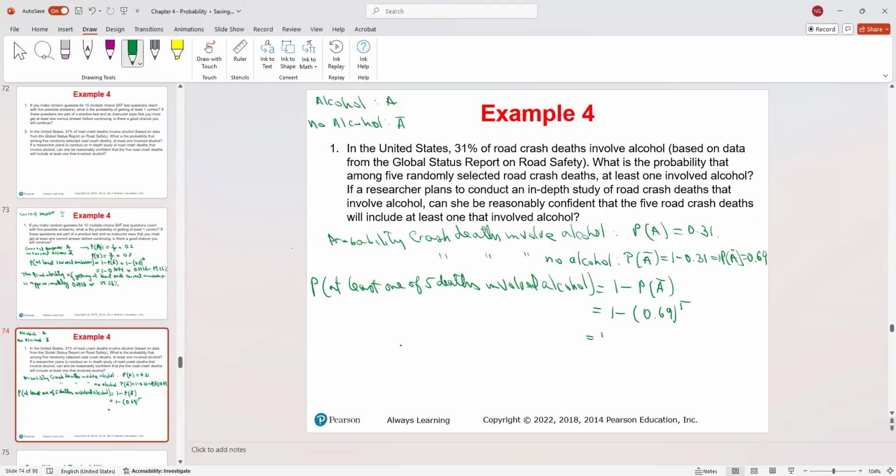So that should be 1 minus a number. 1 minus 0.169 maybe. Let's verify in my calculator what the answer would be.